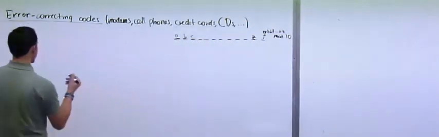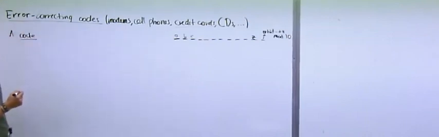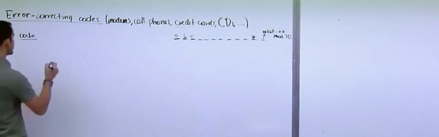So what's the idea here? What is a code? A code is going to be a set of words.